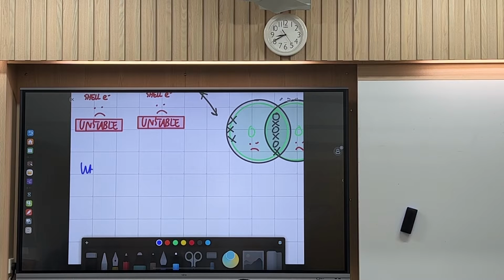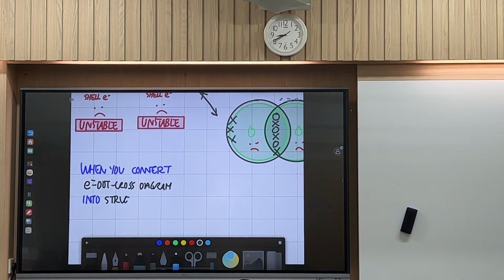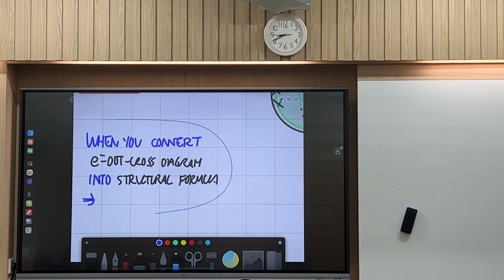When you convert an electron dot cross diagram into the structural formula, we pay attention to the number of electron pairs.